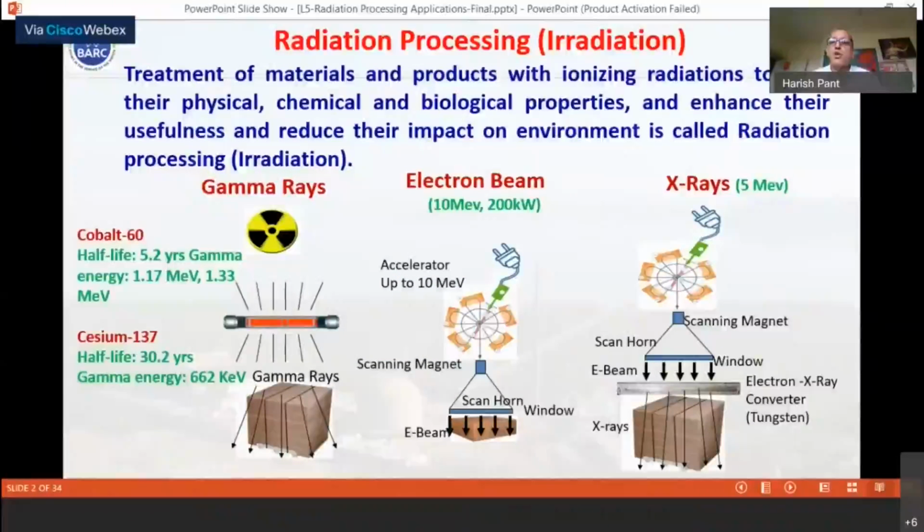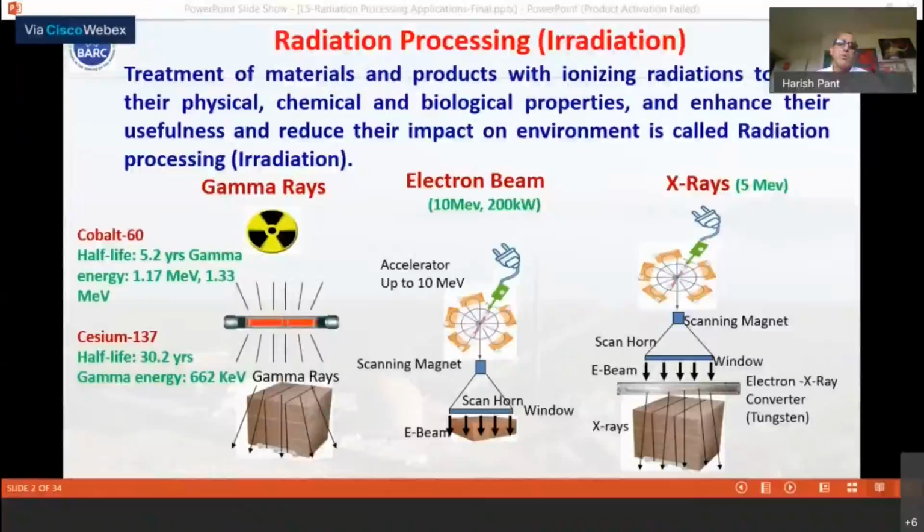Radiation processing, which is also known as irradiation of materials, is a treatment of materials and products with ionizing radiation to alter their physical, chemical, and biological properties and enhance their usefulness and also reduce their impact on the environment.